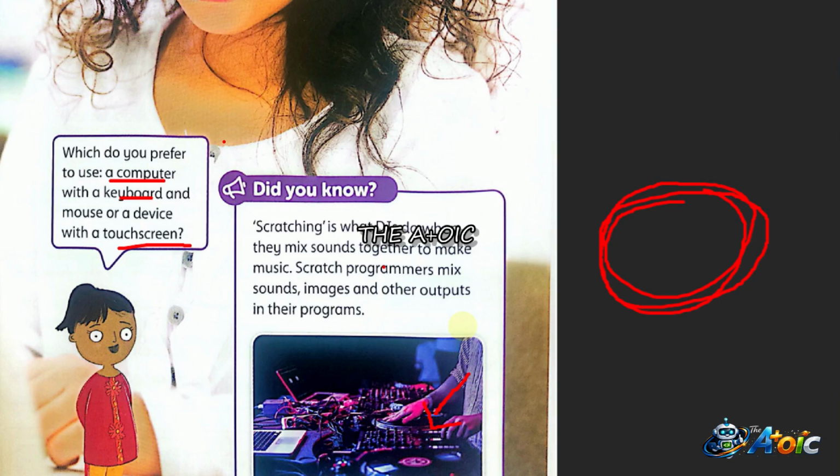They have the sounds or songs on that particular CD, and they help with the mixing and playing of the songs. It is just digitalized and connected. Scratching is what DJs do when they mix sounds together to make music. Scratch programmers also mix sounds, images, and other outputs in their programs.